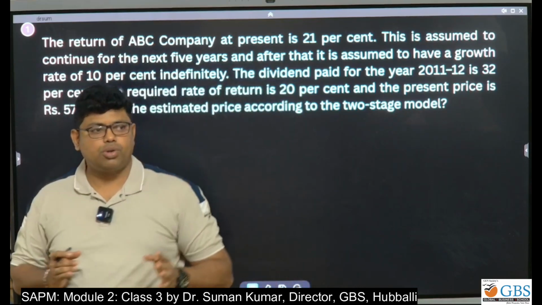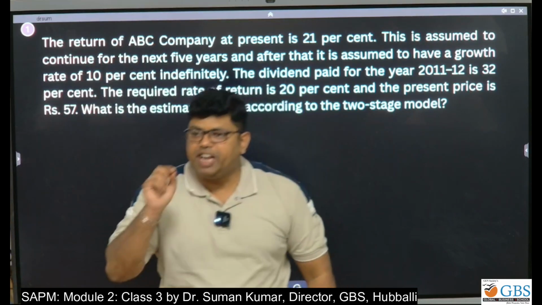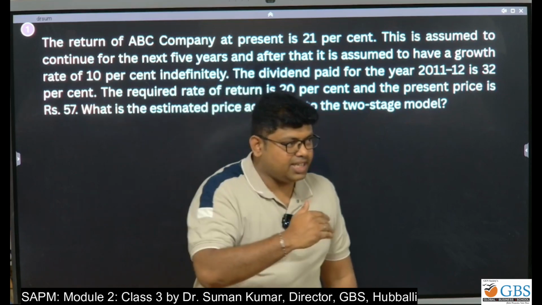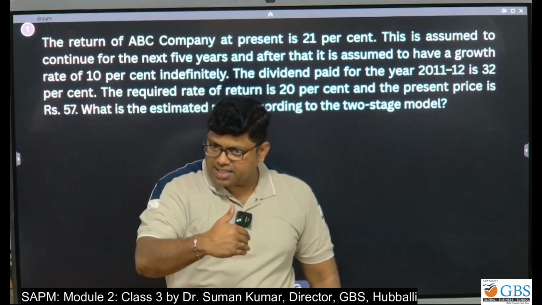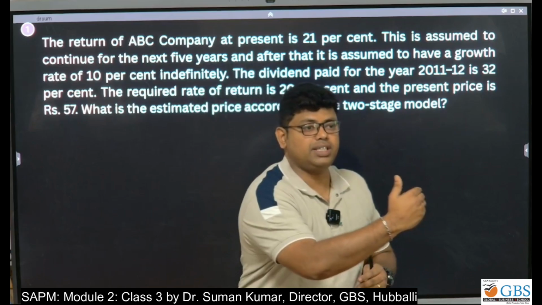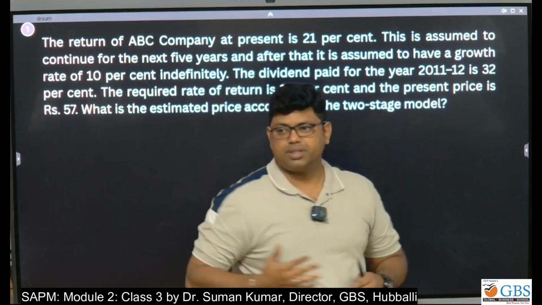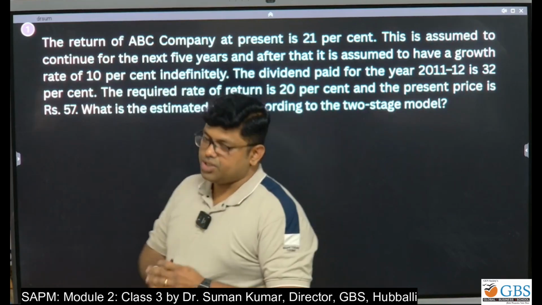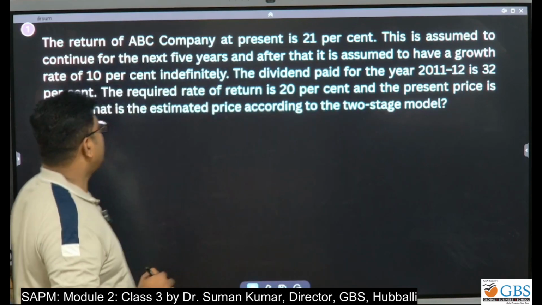What happens in a two-stage model? Dividend will grow in two stages. The first stage may be the first 3 years, where there will be some growth. From the fourth year onwards, a constant growth for infinity. Is it clear? So let me read out the question.